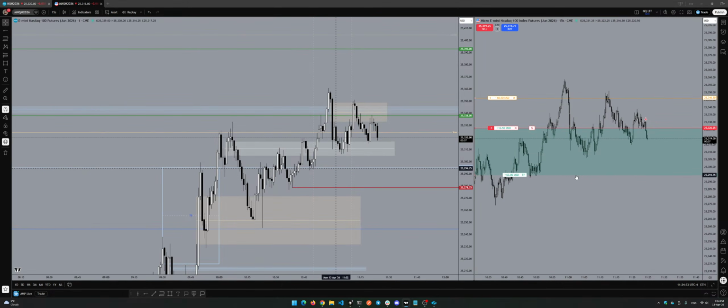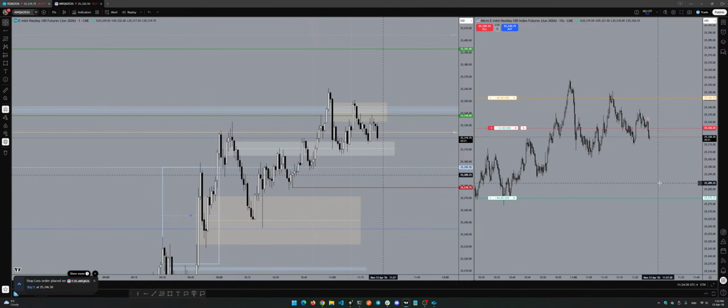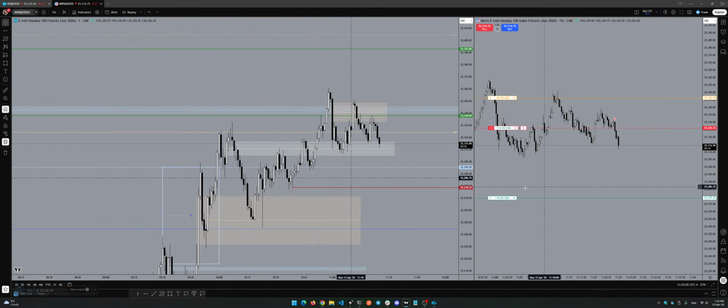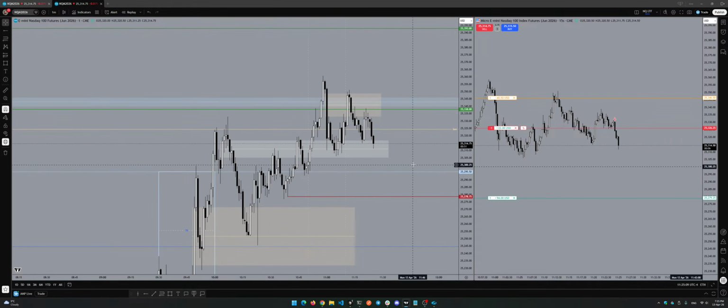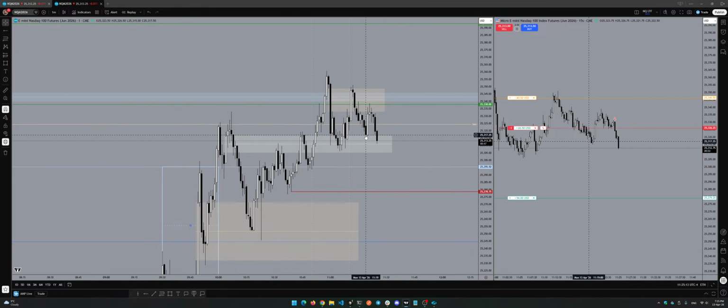My take profit target is this. Took minor lows. Market structure shift in the 1 minute.